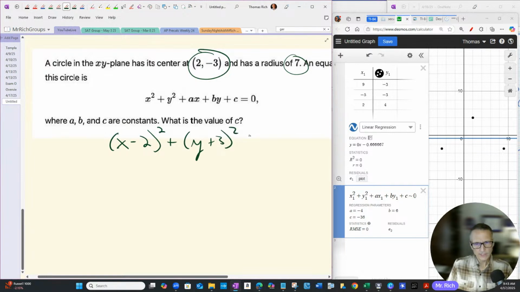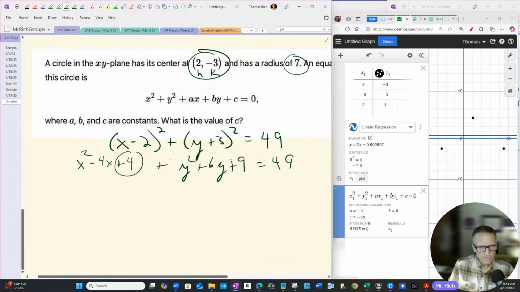that's what the left-hand side is going to look like, because this is my h and k that are going into the standard form. If the radius is 7, then I have a 49. And then I'm going to go ahead and expand these out. So this is going to be x squared minus 4x plus 4. When I expand that binomial, it's going to be y squared plus 6y plus 9.